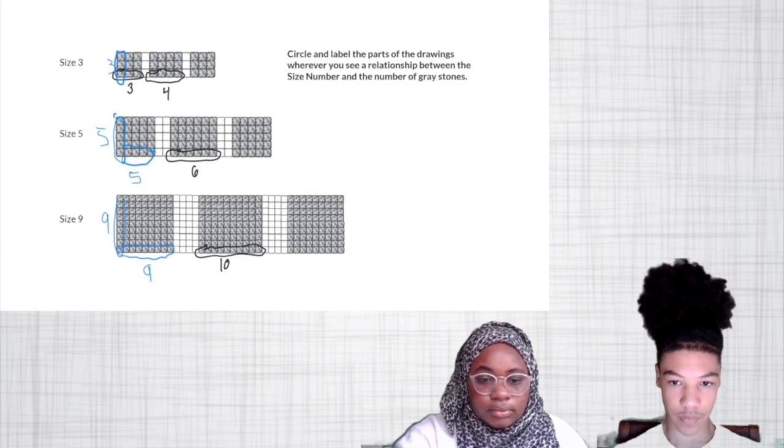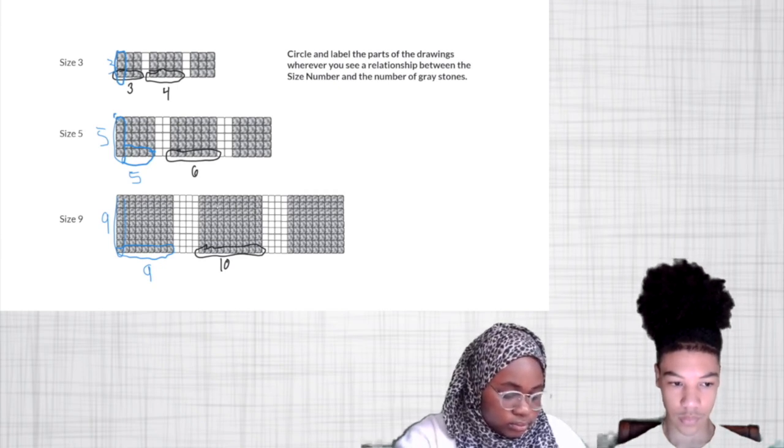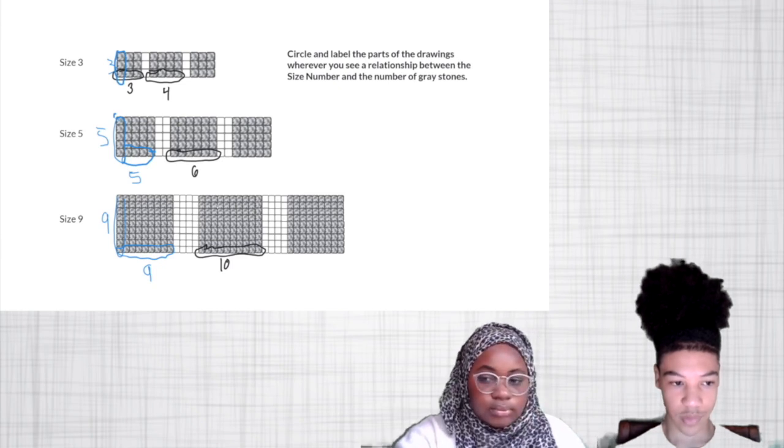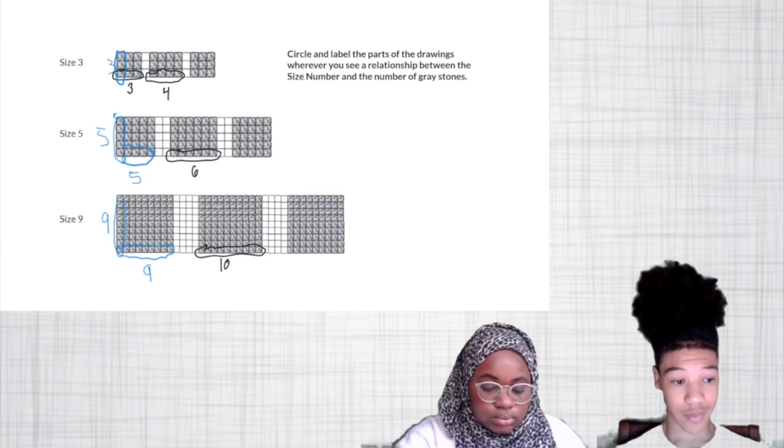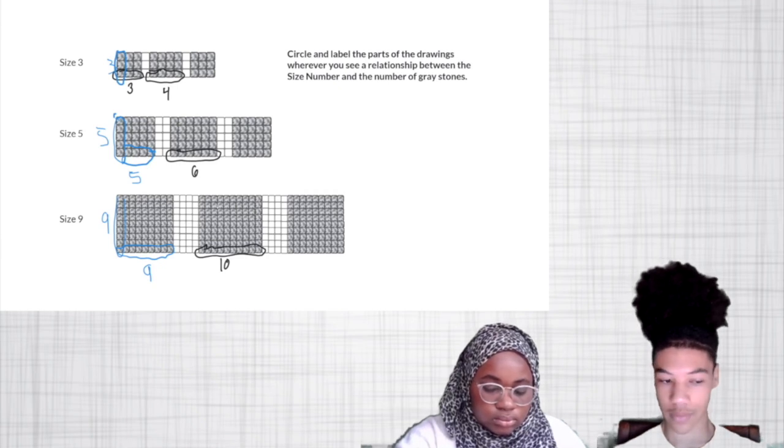And did you notice something about how those numbers compared to the size number? Well, they were all one size or one number above the size. Can you say more? Give an example. If the size number was 6, the tile in the bottom row would have been 7.